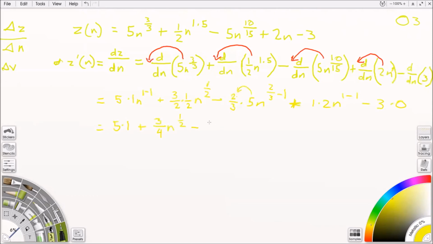So 2 times 5 is 10 over 3. And now 2/3 over 1, just to -1 over 3.